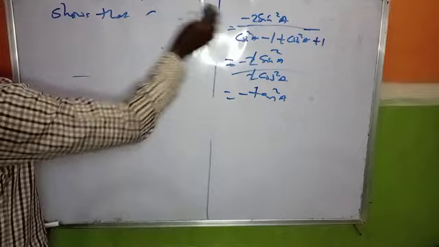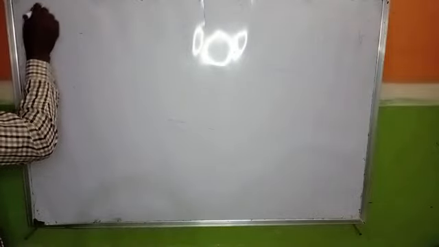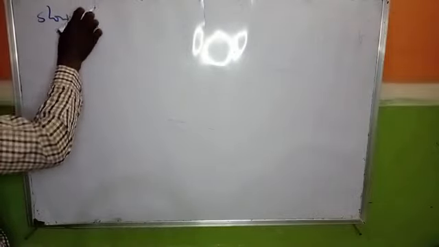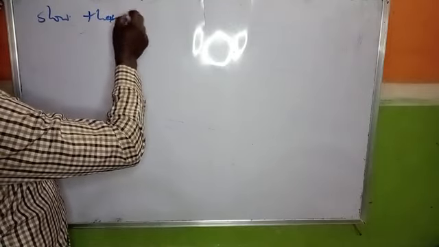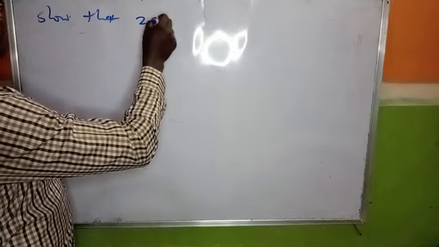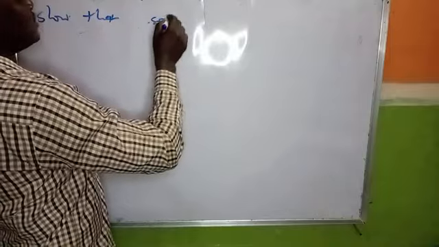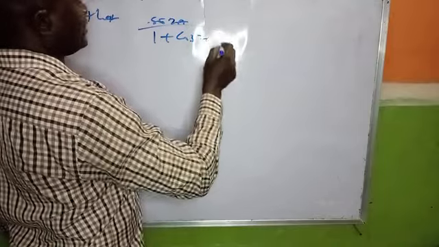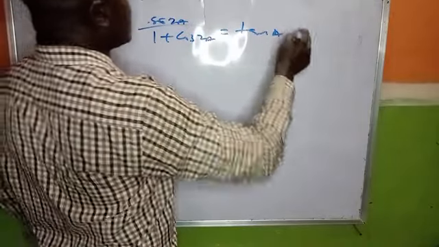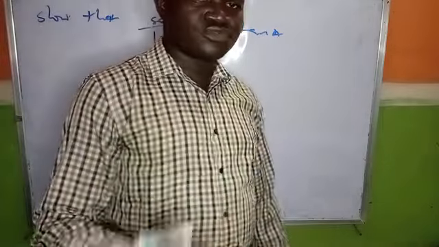Now look at another one. It's so that sine 2A over 1 plus cos 2A equal to tan A. Okay, what else to show?